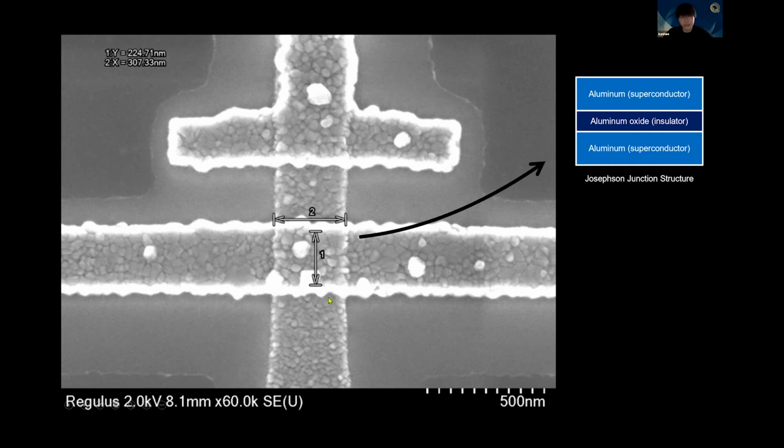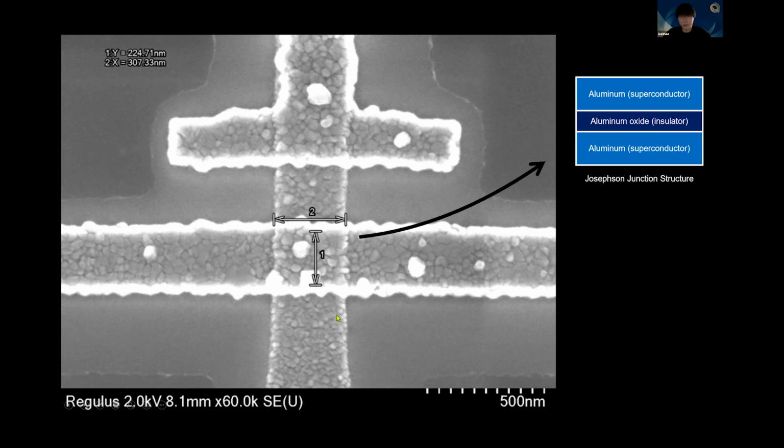This is the junction, and this vertical and horizontal strips of metal are the superconductors. In this case, the material is aluminum. So one piece of aluminum at the bottom, then the junction, which is an aluminum oxide insulator, and then another piece of material, which is also aluminum.